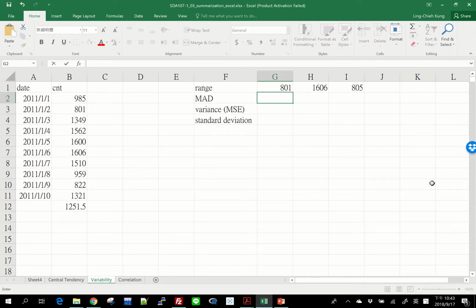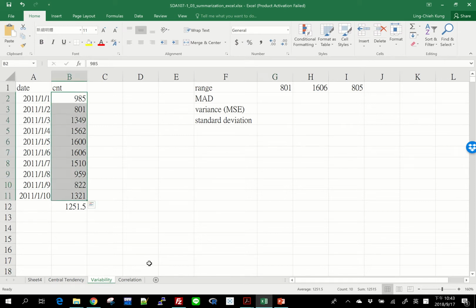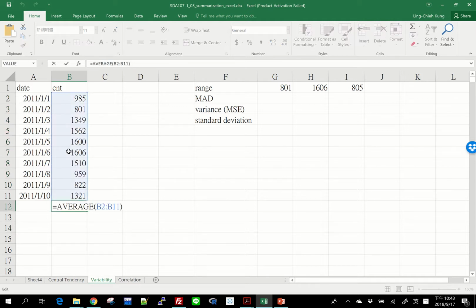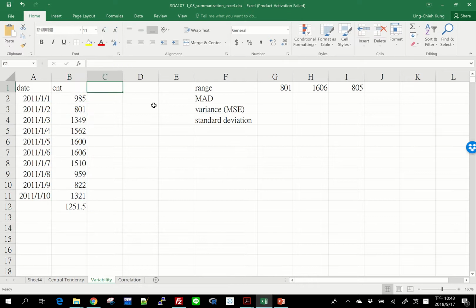For MAD, I need to calculate it by myself because in Excel there is no function called MAD. So let's very quickly do this. For CNT, I have all these original values. I first calculate their average values, the average of all these values. And then I should calculate the deviation.